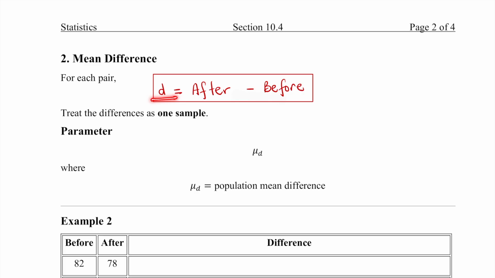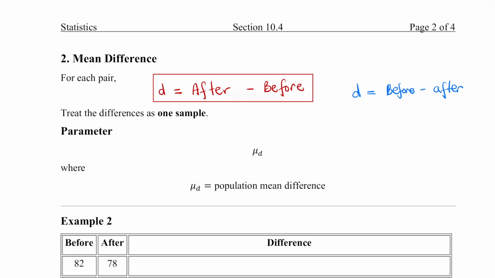You could also define the difference as before minus after. That is mathematically correct too. The important thing is that once you choose an order, you must use that same order throughout the entire problem.